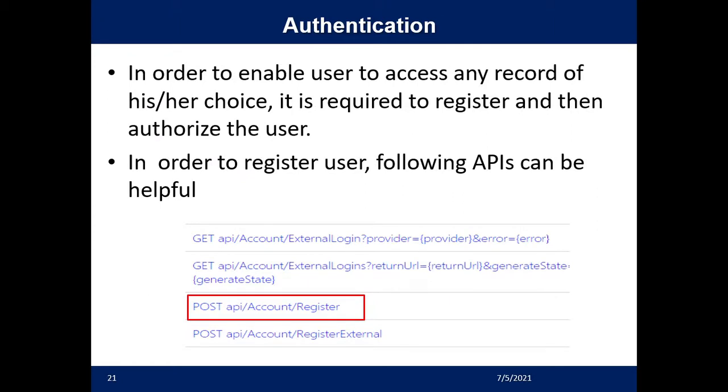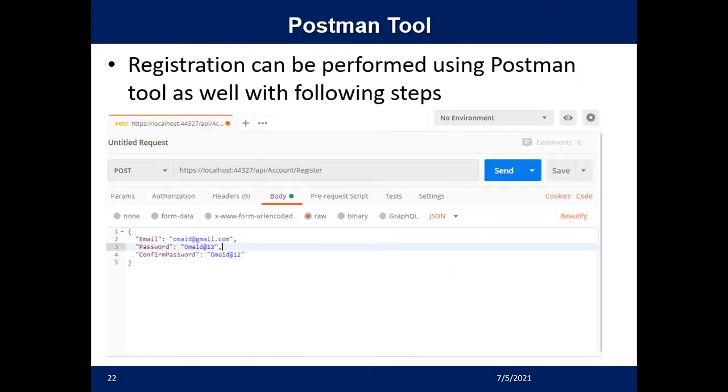In order to enable a user to access any record of his or her choice, it is required to register and then authorize the user. In order to register a user, the following API can be helpful. Now we want to register our user. For this purpose, we need the post method. The URL will be api/account/register.